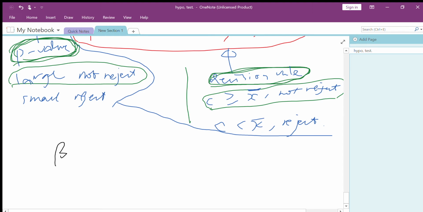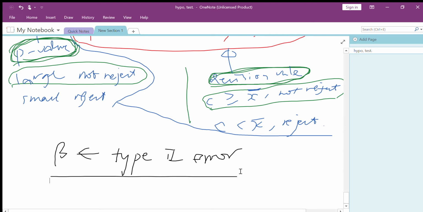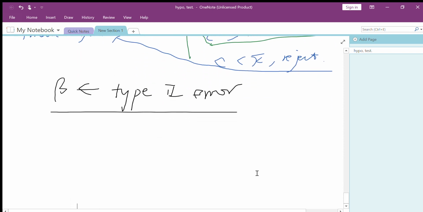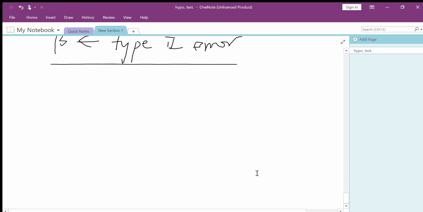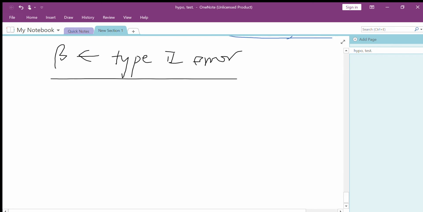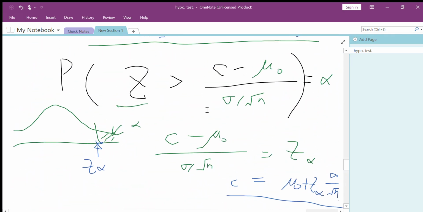So beta, type 2 error. We are interested in 1 minus beta. Let's see the table.